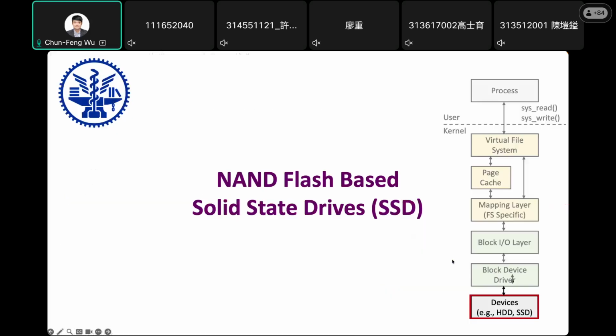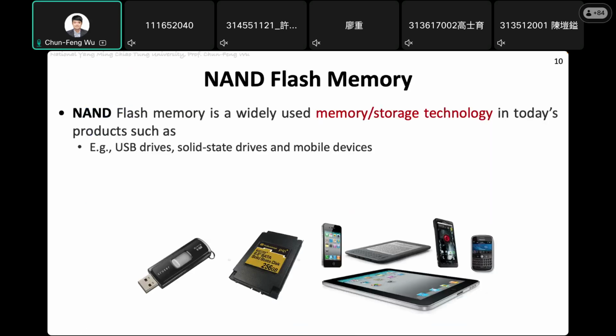Okay, so that is for the hard disk drive. For the SSD part, it is quite different. This time, different kinds of devices are all using NAND flash, including the USB device, the SSD, and the memory chips in your mobile phone, in your Mac, in your Android phones. The reason the USB is slower and the SSD is faster is that they are using different quality of NAND flash.